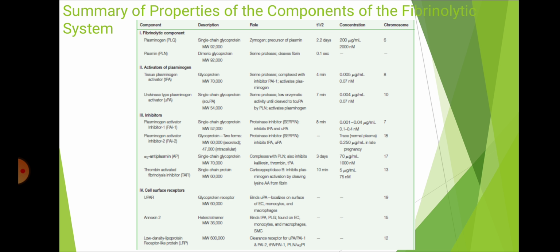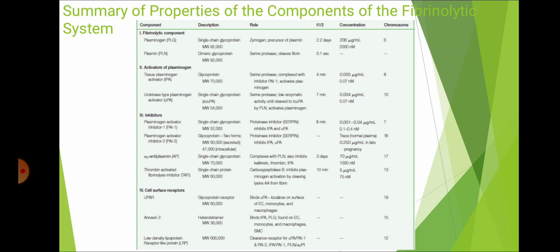It has low enzymatic activity until cleaved to tissue plasminogen activator by plasmin, and it activates plasminogen. And the inhibitors. Inhibitors are plasminogen activator inhibitor 1, plasminogen activator inhibitor 2, alpha 2 antiplasmin, thrombin activated fibrinolytic inhibitor.